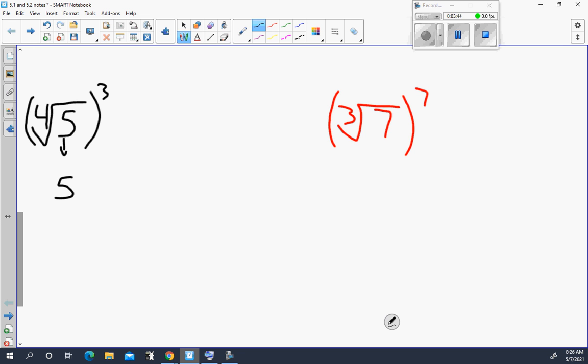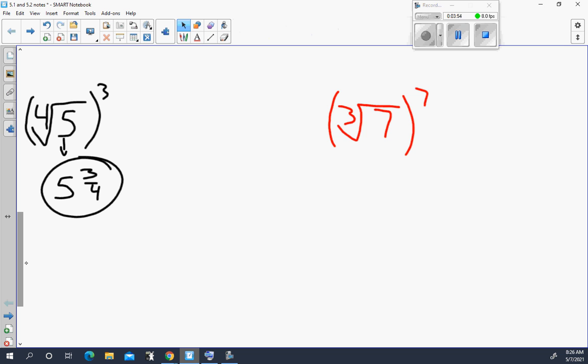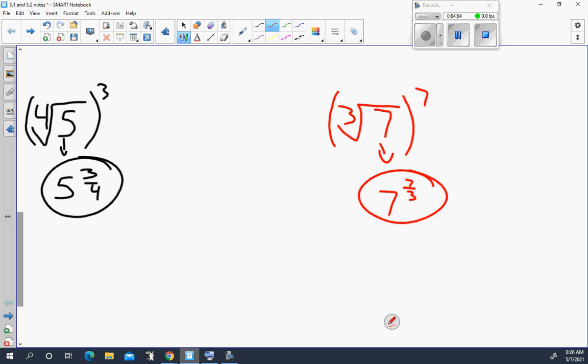And then we have fractions of 3 and 4. Well, the 4 is lower than the 3, so it's always 3 over 4. That's all I want you to do for this one. Okay, this one, just drop that 7 down. The 3 is lower than the 7. 7/3. That's all I want you to do.